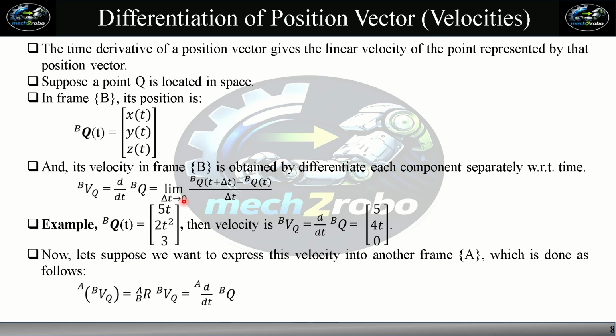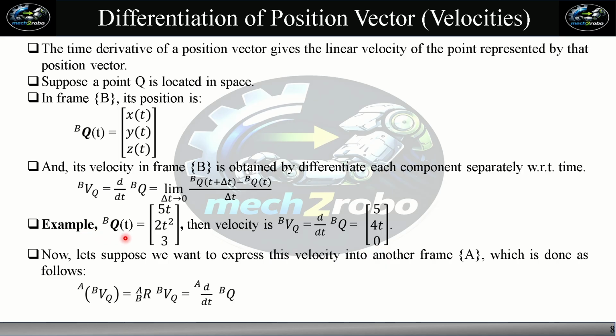Means the limit at a small time interval, and this is the limit definition, which is the basic definition of a derivative of any function with respect to a variable.